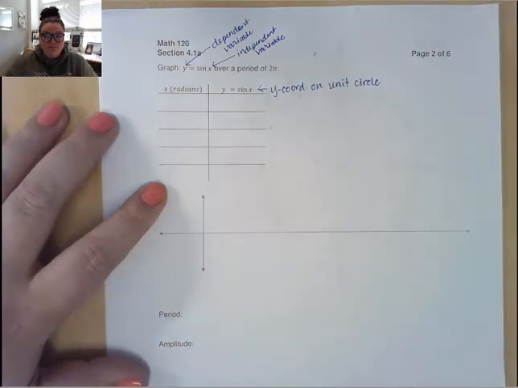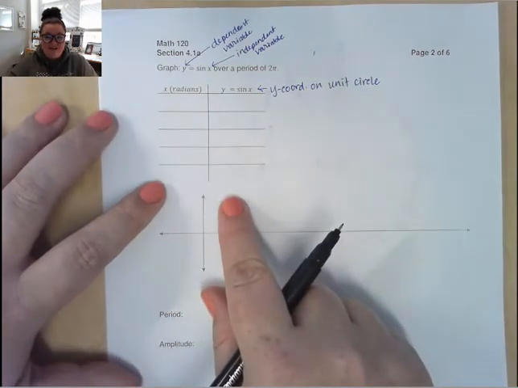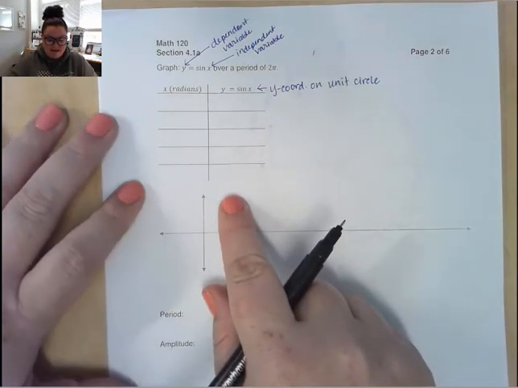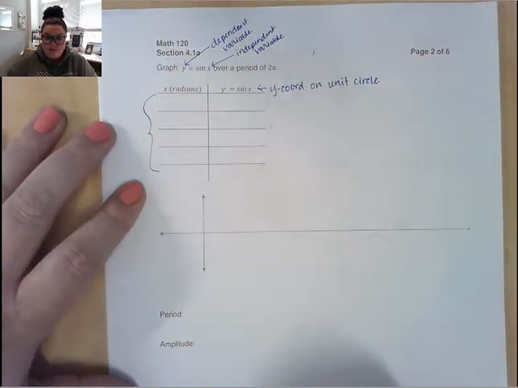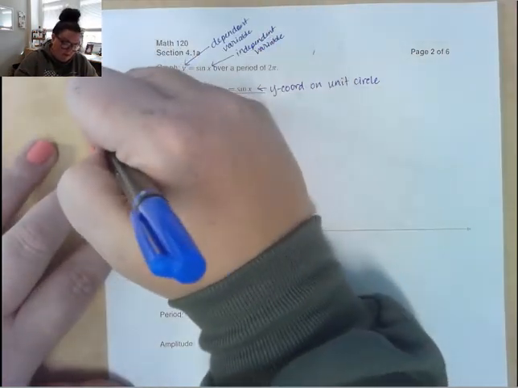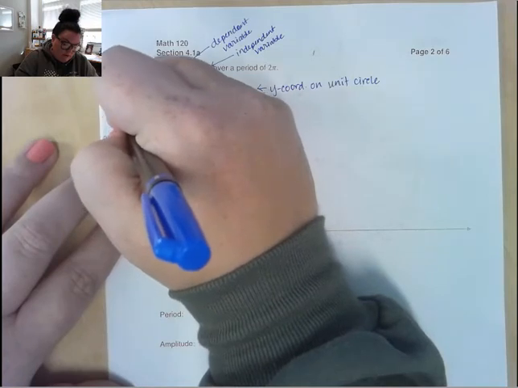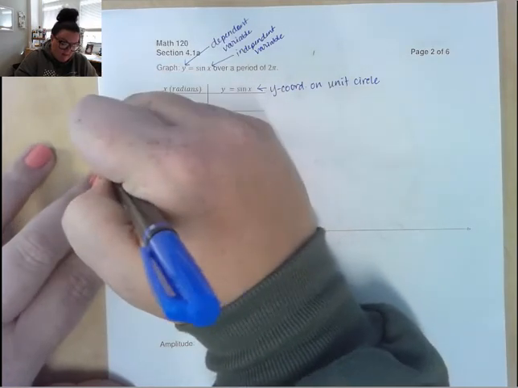Because I want to end up with nice, pretty sine values, not things with square roots, I want to make sure that the x's I pick in radian measures are those nice quadrantal angles. So I'm going to use quadrantal radian measures.